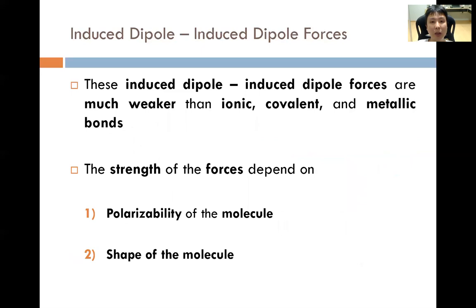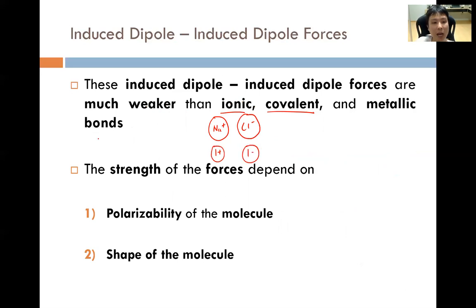Okay, so what are the factors that decide how strong these ID forces of attraction are? In general, they are much weaker than ionic, covalent, and metallic bonds. So let's think about why this is so. For example, in an ionic compound, let's say Na plus and Cl minus, the electrostatic force of attraction is between a 1 plus charge and a 1 minus charge.